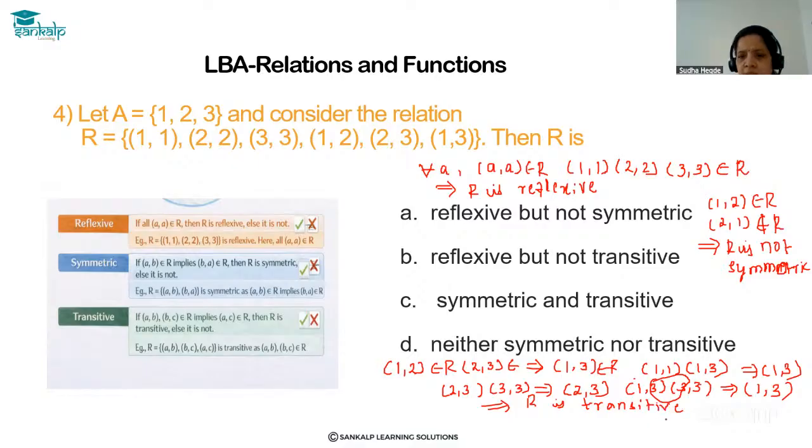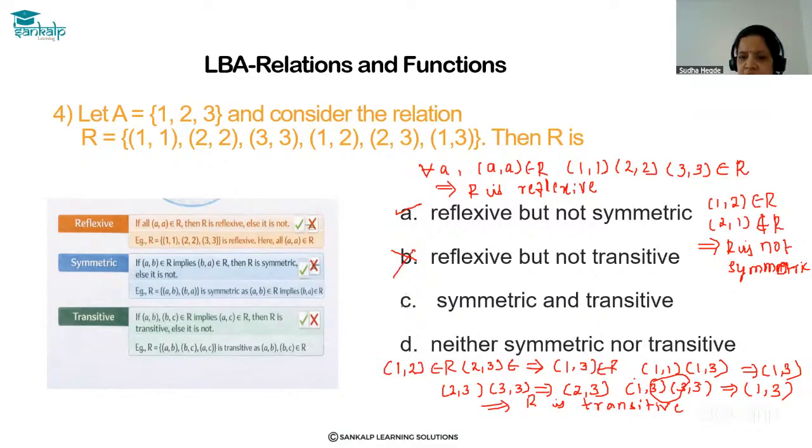Now check the options. R is reflexive, we have proved, but not symmetric. That also we have proved. So the first option is correct. You need not check the second, third and fourth, but still we will check. R is reflexive but not transitive, but we have proved it is transitive, so it is wrong.